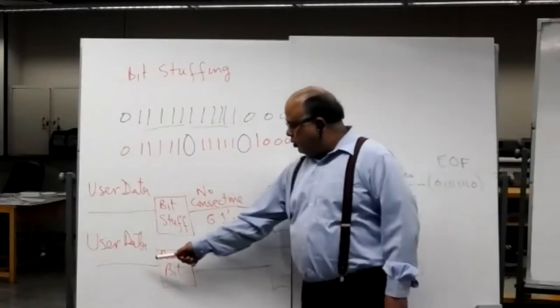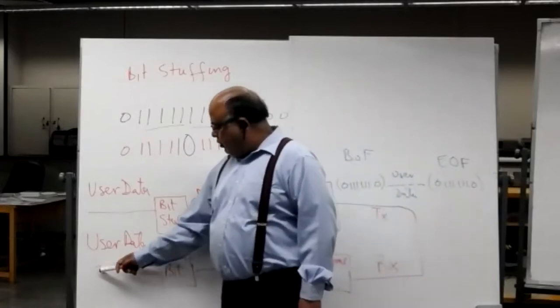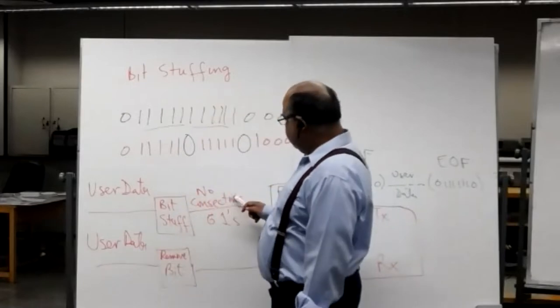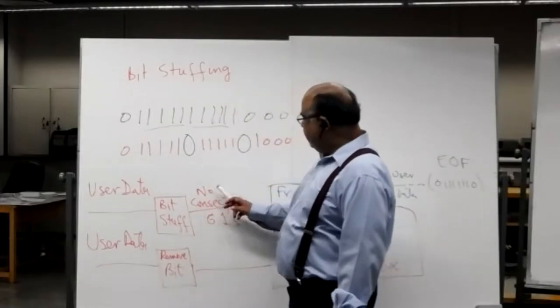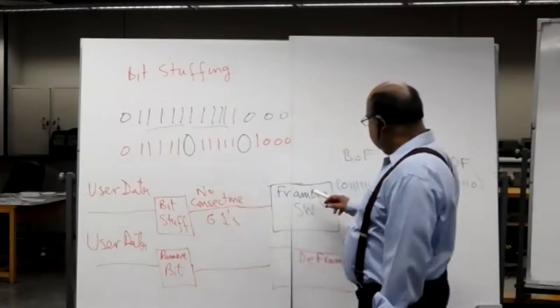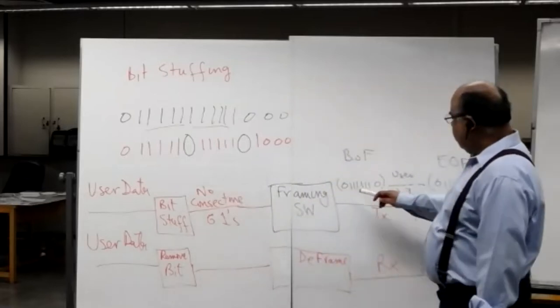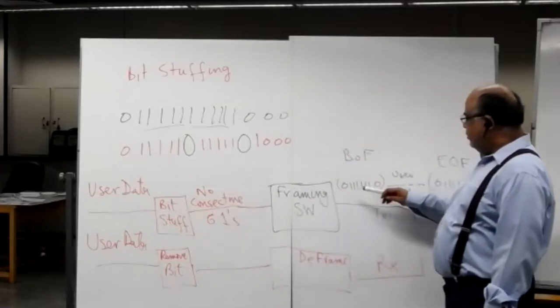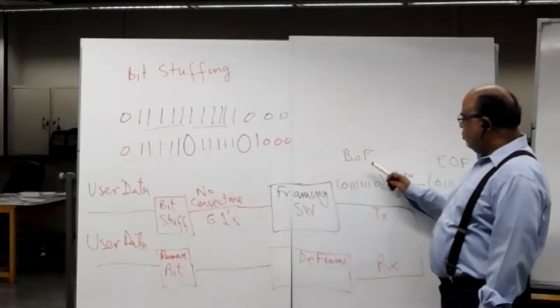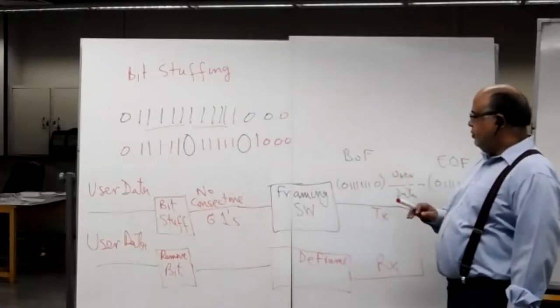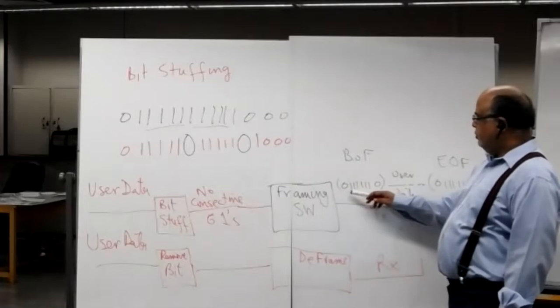And now here you can have a long string of ones. Here you cannot have a long string of ones, because after every five ones an extra zero is inserted. And now you can insert this frame flag, because these six ones can only appear in your frame. They cannot appear anywhere else.